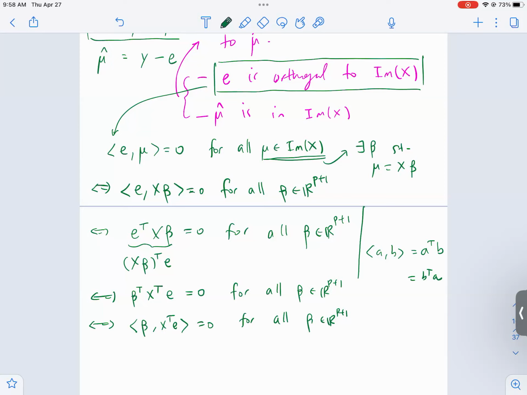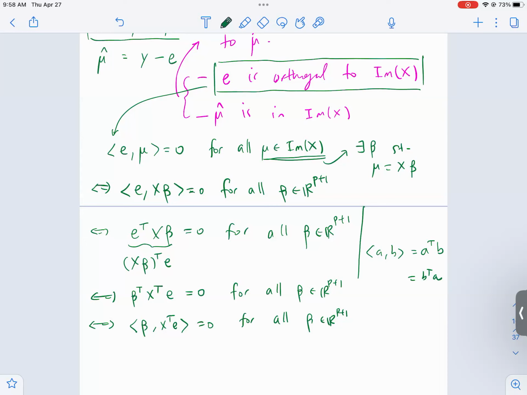You could have gone from this point to this point easily by just moving X to the other side and transposing it. It's nothing but playing around with notation. But now this is a very interesting fact. I have a vector X transpose E which is orthogonal to any vector in R^(p+1). What can we conclude from this statement?